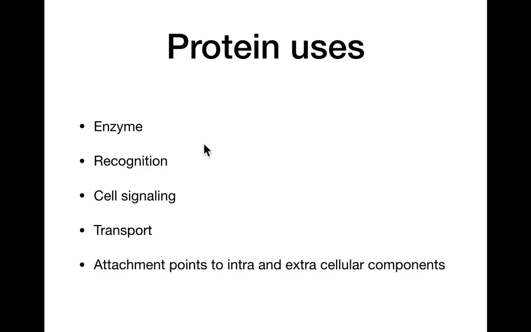Okay, so in terms of proteins, there's a lot of different things that these proteins can do. They can have enzymatic function, meaning they're going to break down or carry out reactions on the outside or the inside of the cell. One really important role that they have is for cell recognition. Think about how important it is for our bodies to be able to recognize our own body.